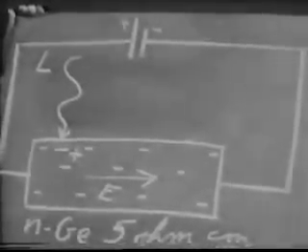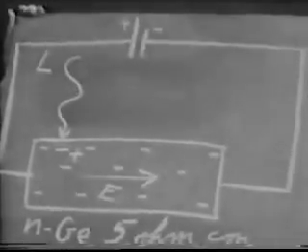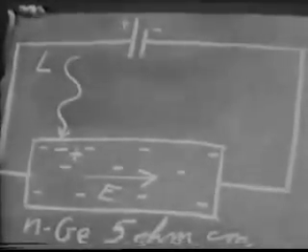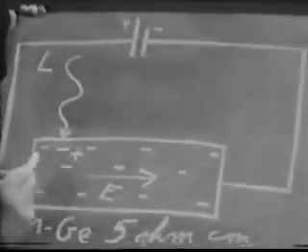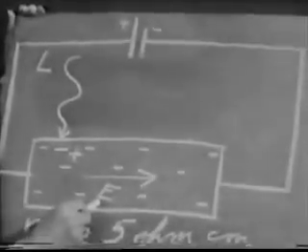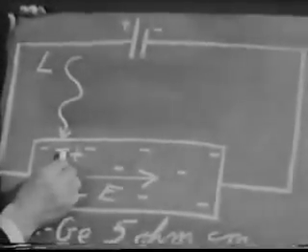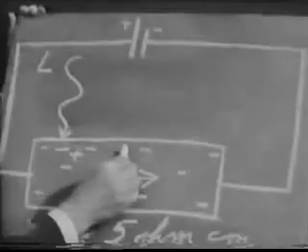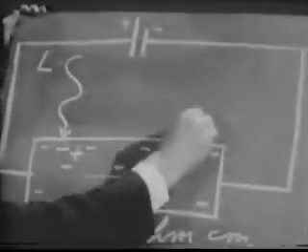Few enough of these carriers are generated so that they carry negligible current compared to the majority carriers, and therefore they do not significantly disturb the uniform electric field E. In this undisturbed field, the holes drift towards a detecting electrical contact.